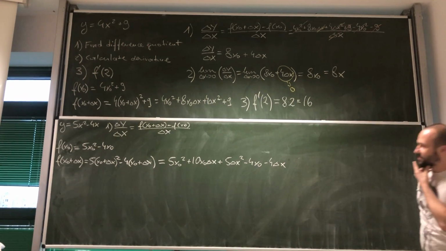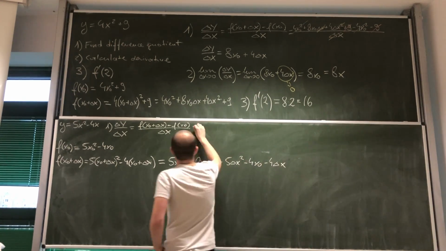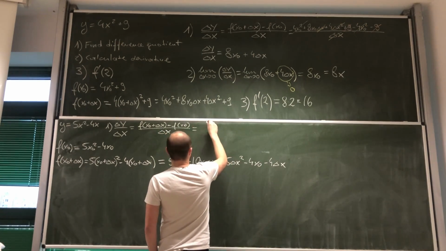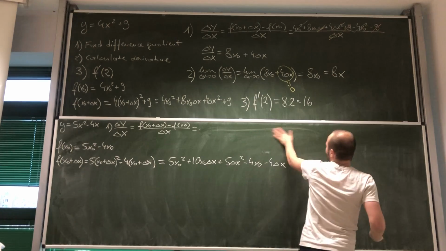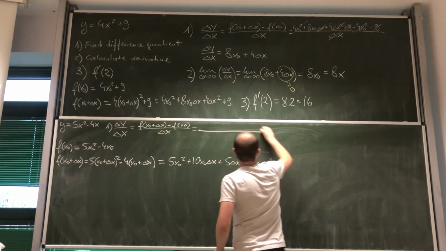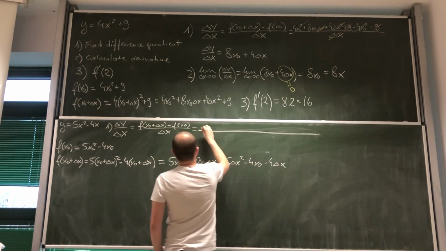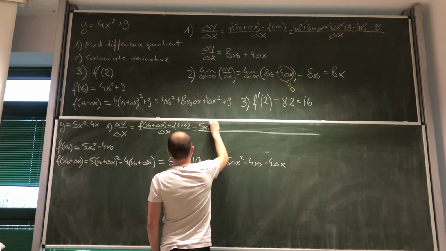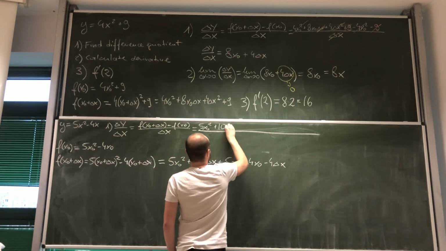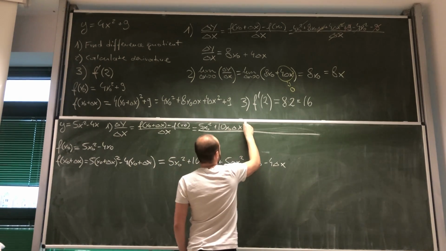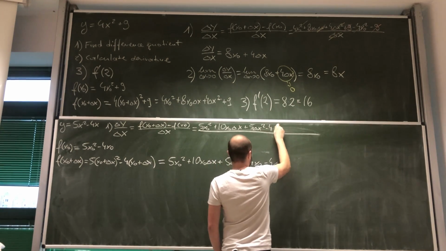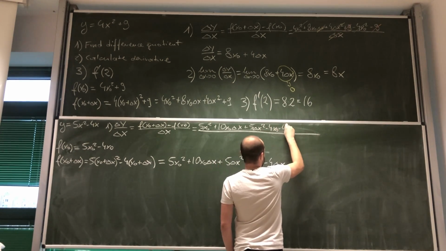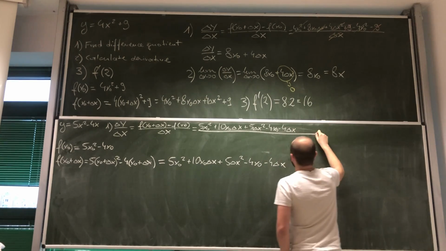Now we can substitute those into the formula for the difference quotient. Okay, this is going to be a long one. We've got 5x0 squared plus 10x0 delta x plus 5 delta x squared minus 4x0 minus 4 delta x.